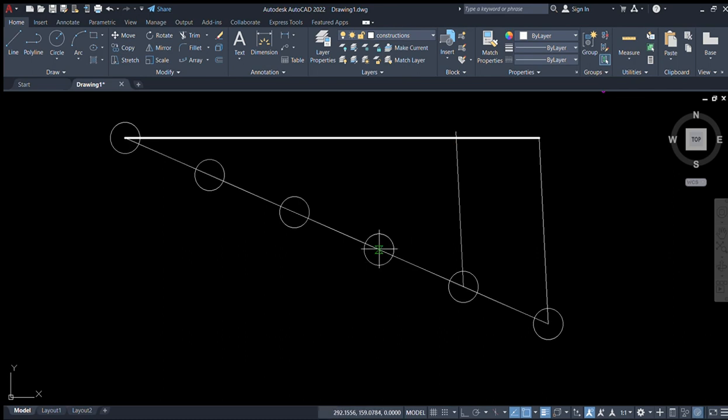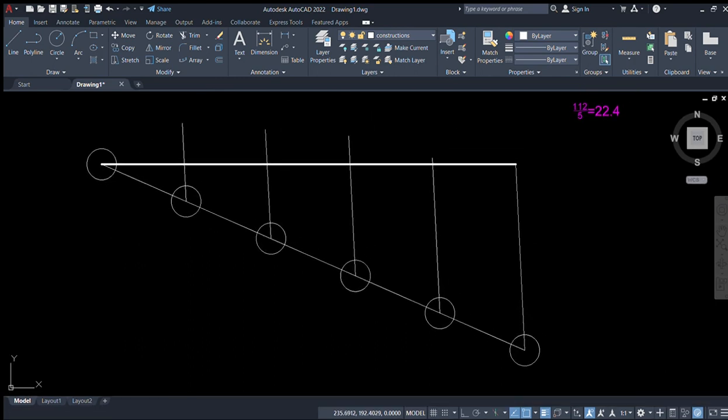So we draw the lines. So now we have the 5 parts of our line.